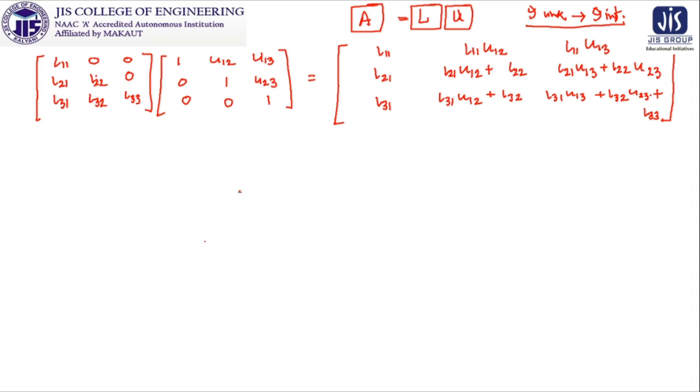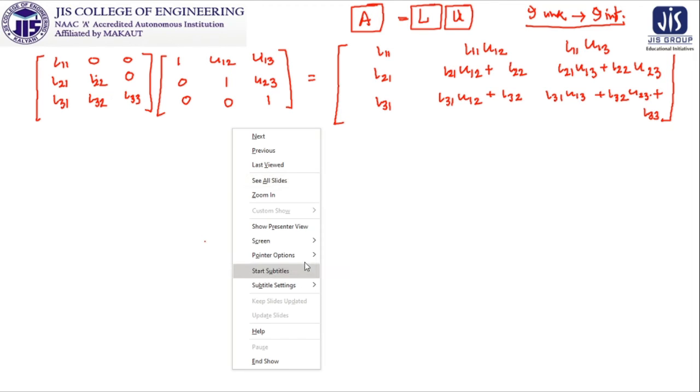Okay, so finally, if I compare these 9 pieces of information in these 9 equations, we will get the values of all of these. So let us take one problem, and we can take this as the given matrix.